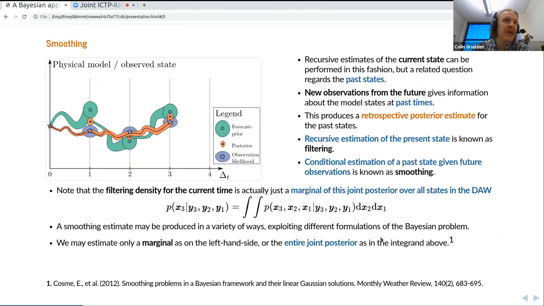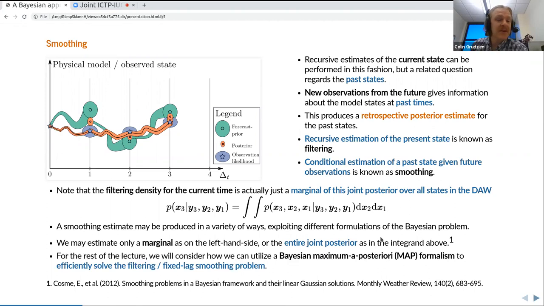Various formulations of the smoothing can be performed by targeting different densities. And the way that we split the posterior will be one of the themes in this, how we can utilize the different formulations of this smoothing problem to create efficient algorithms. So for the rest of this lecture, we'll consider how we can utilize this Bayesian MAP formalism to efficiently solve the filtering and/or the fixed lag smoothing problem.